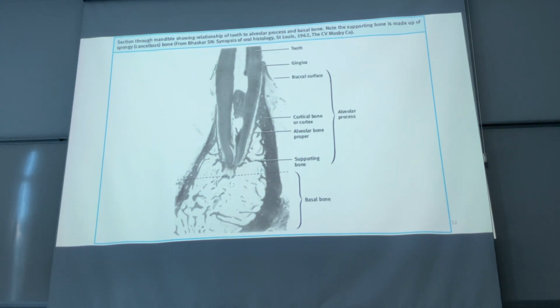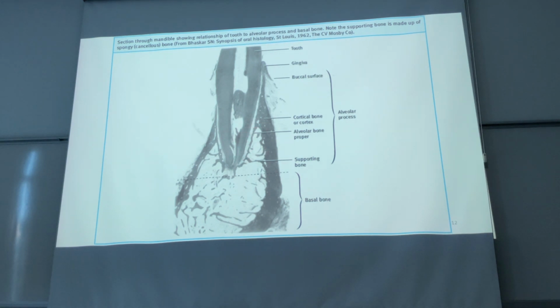What do you think about this slide? It's very suitable for your exam. I think very good. In bone anatomy, we have the alveolar process, bone on the outer side, and basal bone on the lower side, and our tooth is present in the alveolar bone or alveolar process area, and this alveolar process has cortical bone in this part and alveolar bone in the area near the root side of the tooth.